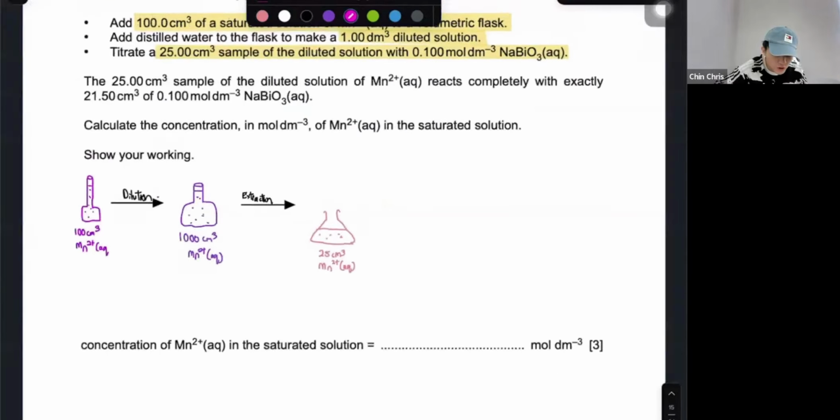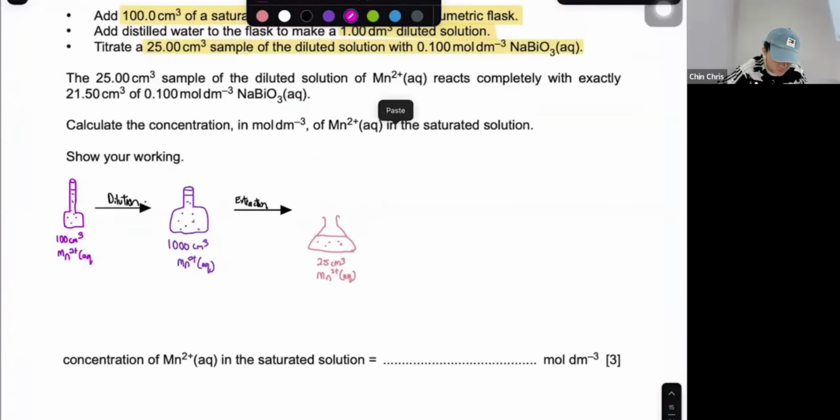And eventually I'm titrating against NaBiO3. Understand?